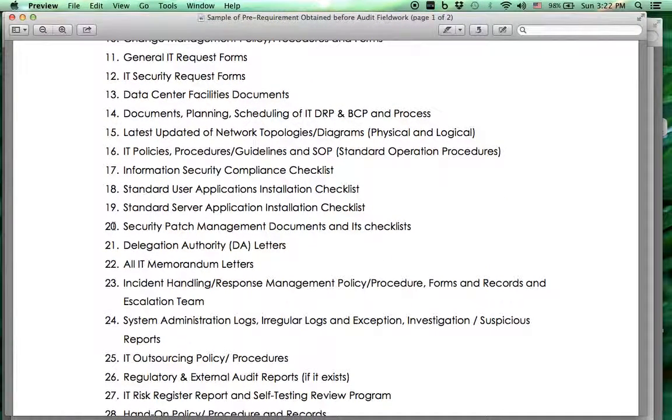Number 20, security patch management documentation and also the IT checklist. So this is very important for the patch management. Patch can have different meanings. One is data patching and another one is security patching. If we talk about the security patching, we refer to the server, we refer to the firmware.